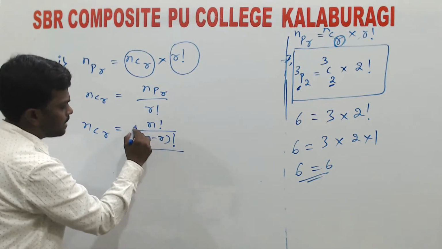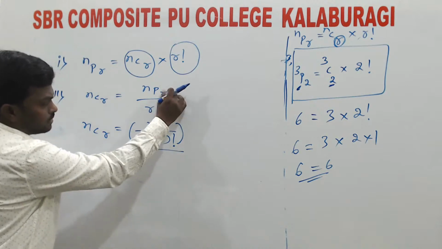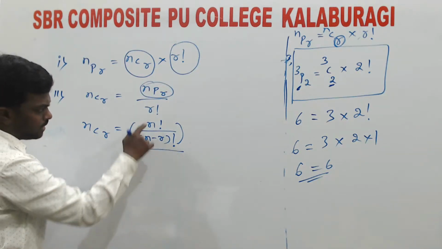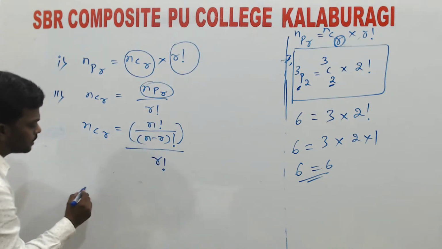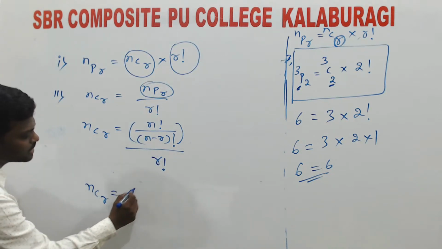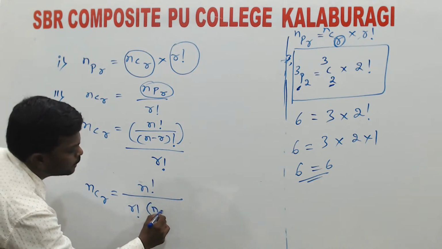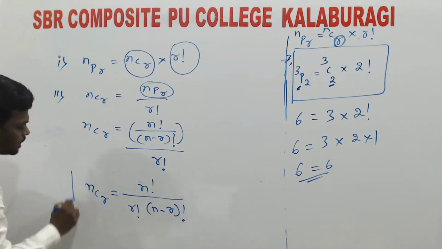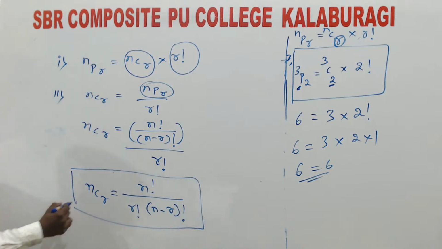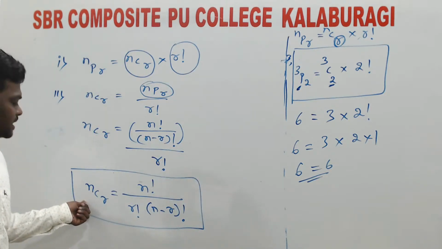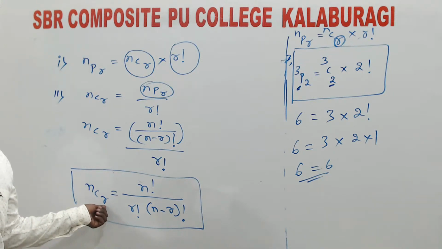This is our nPr, divided by r factorial. So upon simplification, n factorial by r factorial into (n minus r) factorial. This is the formula to find combination, when n distinct objects are given and you're selecting r at a time.